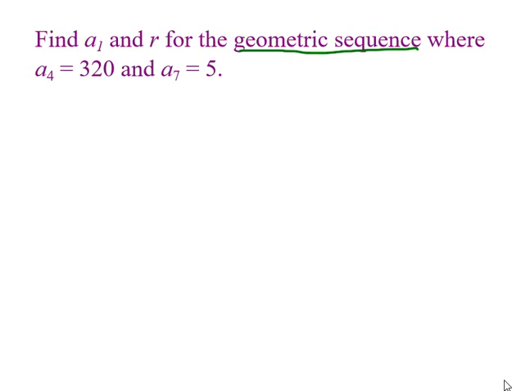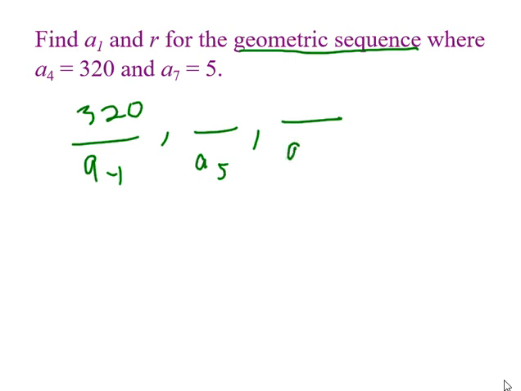So it'll be hard to find, and those are actually the things I want to find. One way to think about this problem is I know that the fourth term is 320. Then there's a fifth term, which I don't know, a sixth term, which I don't know, and then a seventh term, which is 5. Since it's geometric, this number right here is 320 times my common ratio.